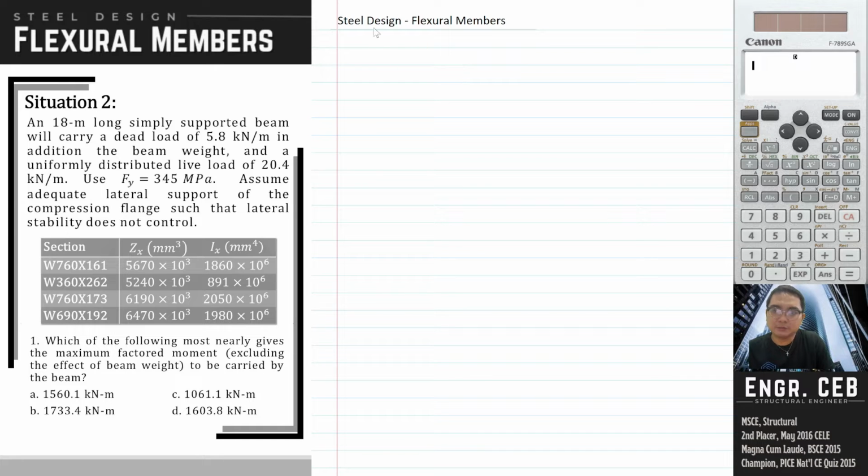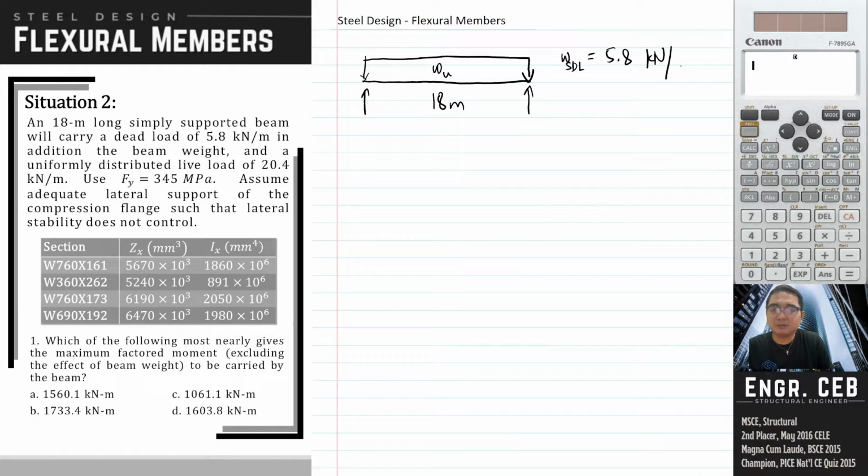We have a simply supported beam that is 18-meter long. I have indicated already the reactions. So when we say factored moment, it refers to the maximum moment in the beam using the factored loads. Let's say the factored load is Wu. Based on the given loadings, we have a dead load of 5.8 kilonewton per meter.